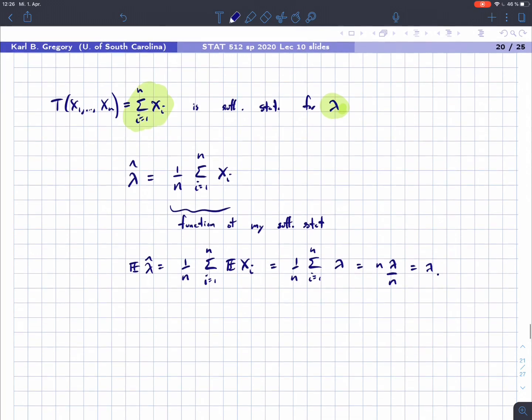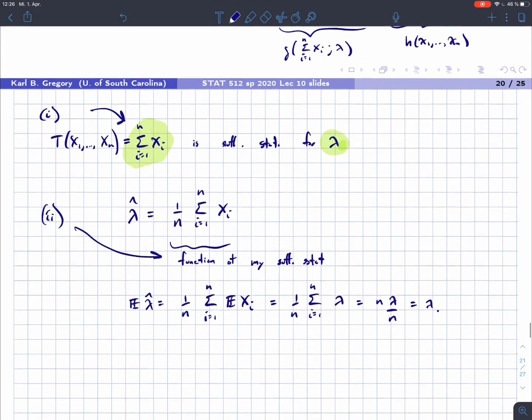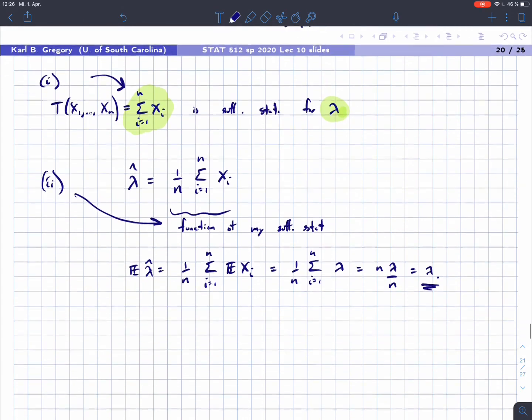Okay, so step 1 was find the sufficient statistic. Step 2 was get a function of the sufficient statistic which is unbiased for the parameter lambda.